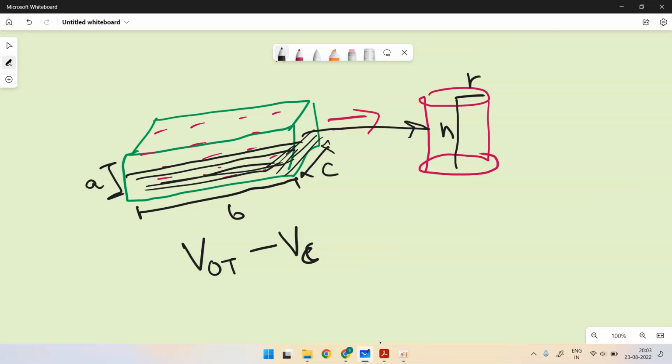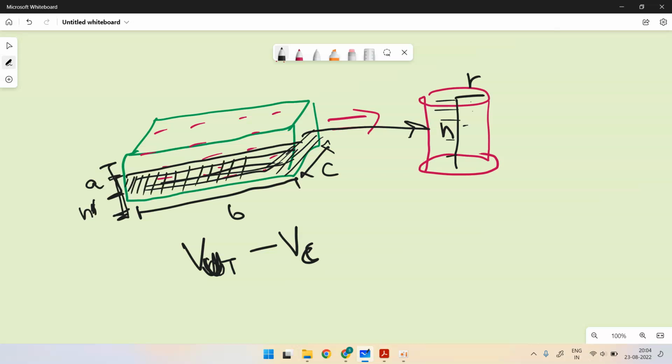Because the water which comes out from the underground tank will be equal to the volume of the cylinder, because it is going to completely fill this cylinder. Now suppose this is h dash, and this h dash is the actual height of the remaining water.